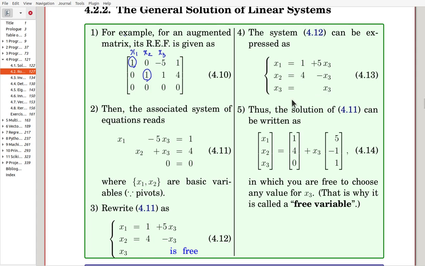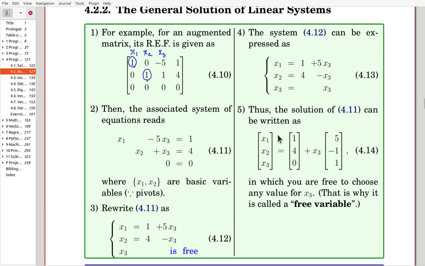The reason we are doing it this way is that when you try to state a solution of the given system, you have to find all values for all variables, x1, x2, x3. So we added an extra line here, x3 equals x3.